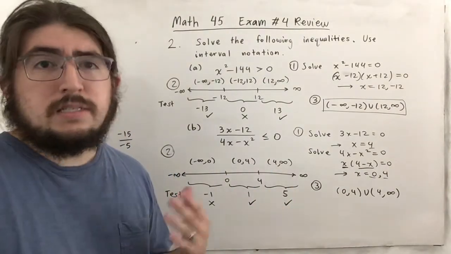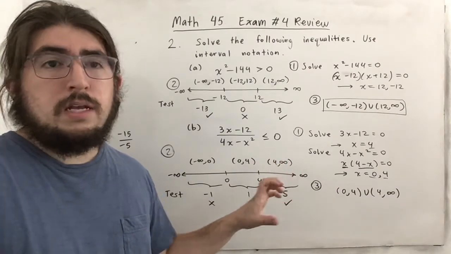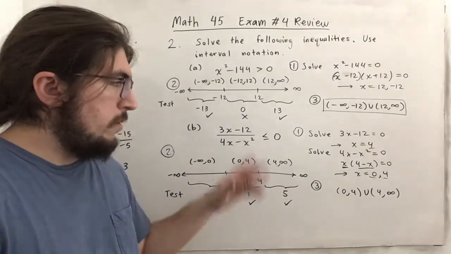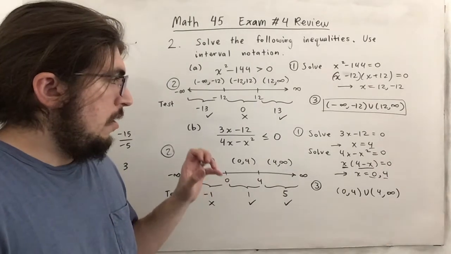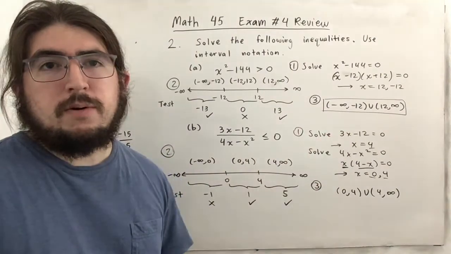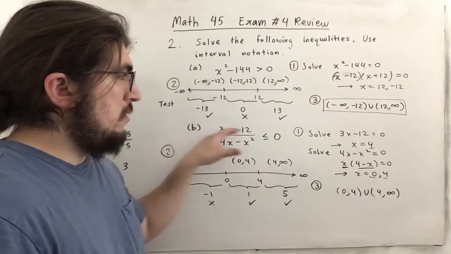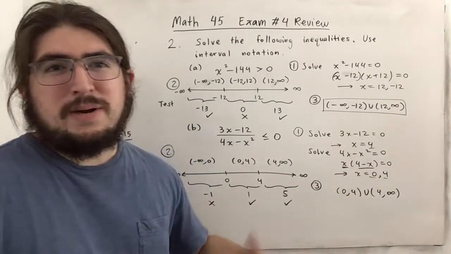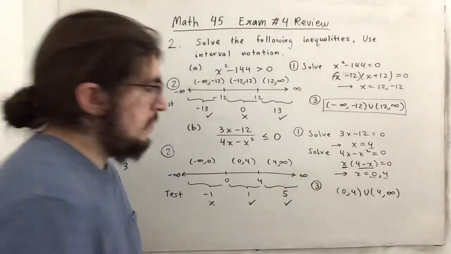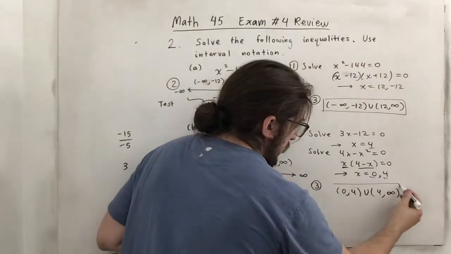So the only thing that could possibly be closed, bracketed, if this is an or equal to scenario, is if they came from the numerator being 0. But since when the numerator is 0 also matches a 0 in the denominator, we actually have a pure open interval here, or a pure union of open intervals.